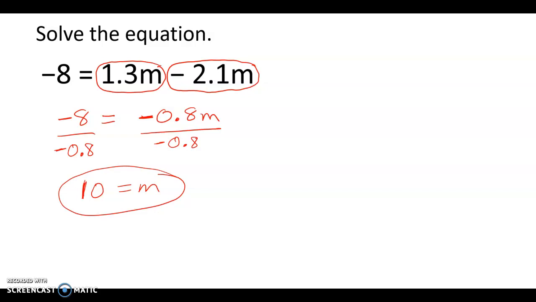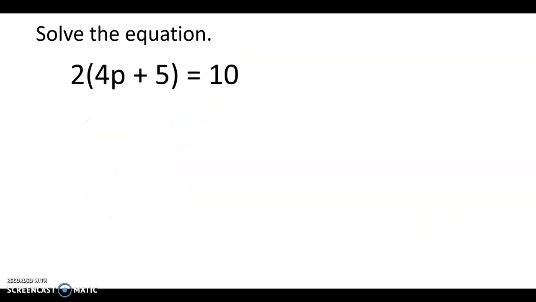All right, you want to turn the page. So we have this next one. Now you've got, again, two options. You can do the distributive property first and then solve it, or you could get rid of the 2. It's kind of up to you how you want to do it.